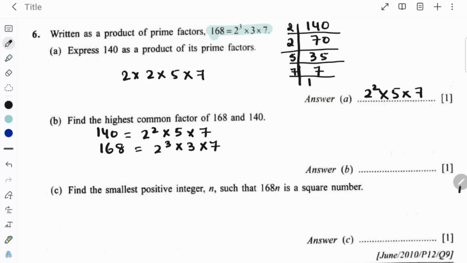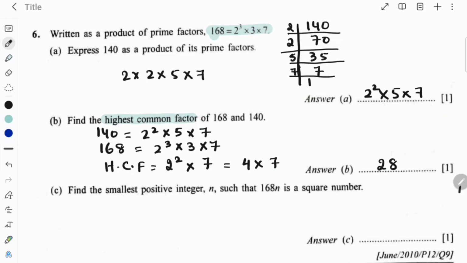We have to find the HCF. So the HCF is 2 squared, which is common, and 5 and 3 are not common, into 7, and that is equal to 4 times 7, which is 28.